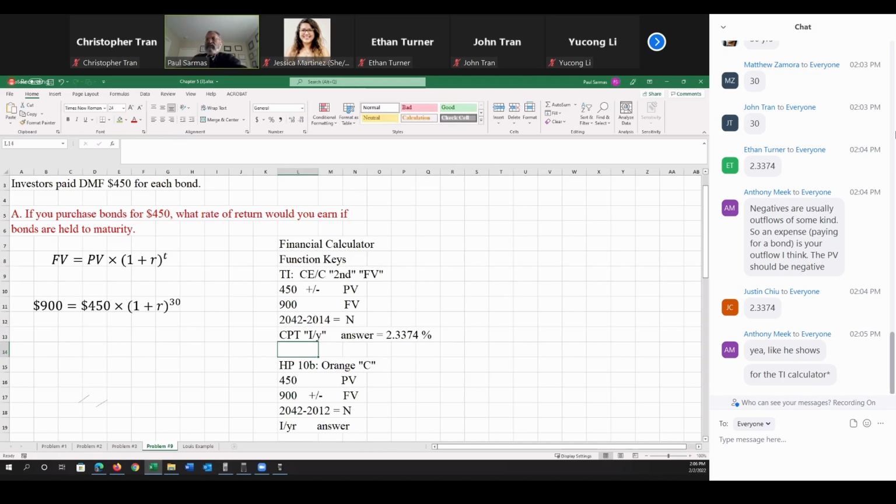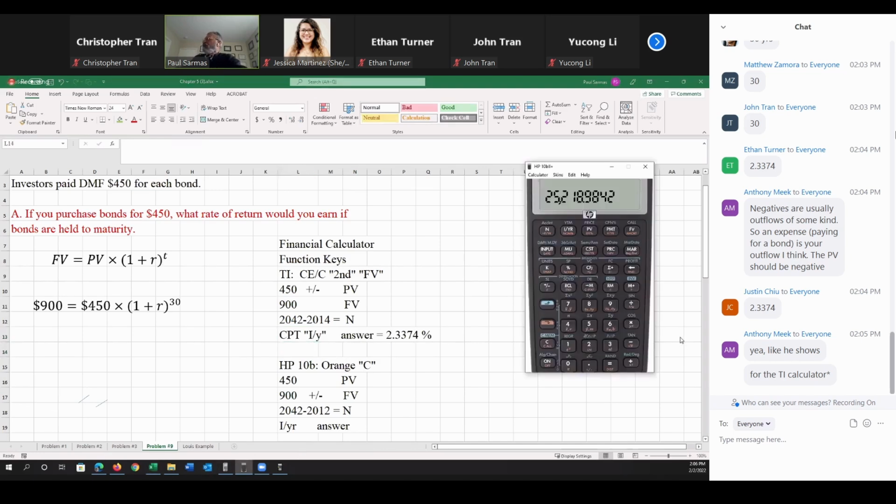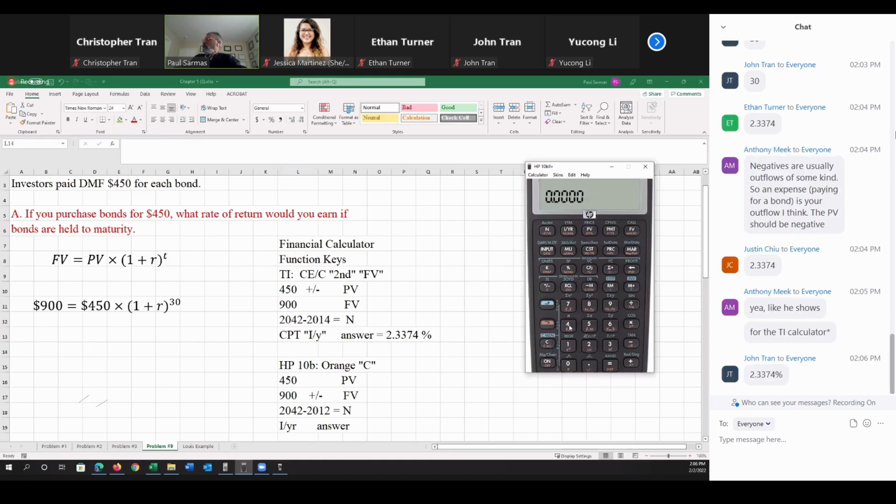Let me use HP, orange, C, it clears. This time I will keep 450 as positive, present value, 900, change sign, becomes negative, future value, 2042 minus 2012 equals 30 years.